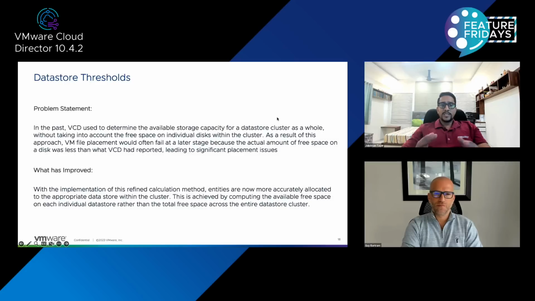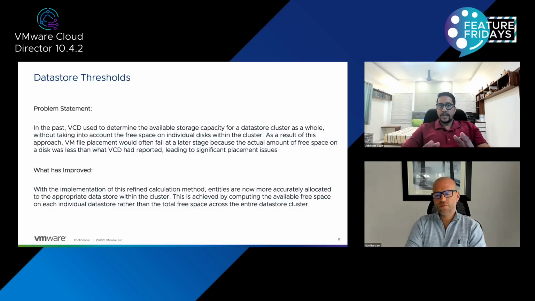So what is the problem statement? Let's say, from the vCenter server, I have a storage policy in which I have a data store cluster, and that cluster has two data stores within it. Previously, VCD always looked at the total free space of the data store cluster and made its decision.